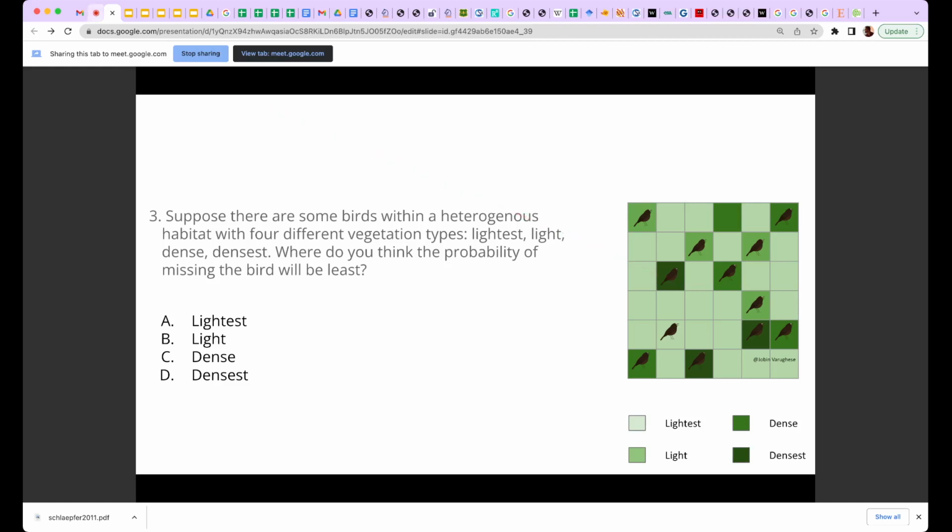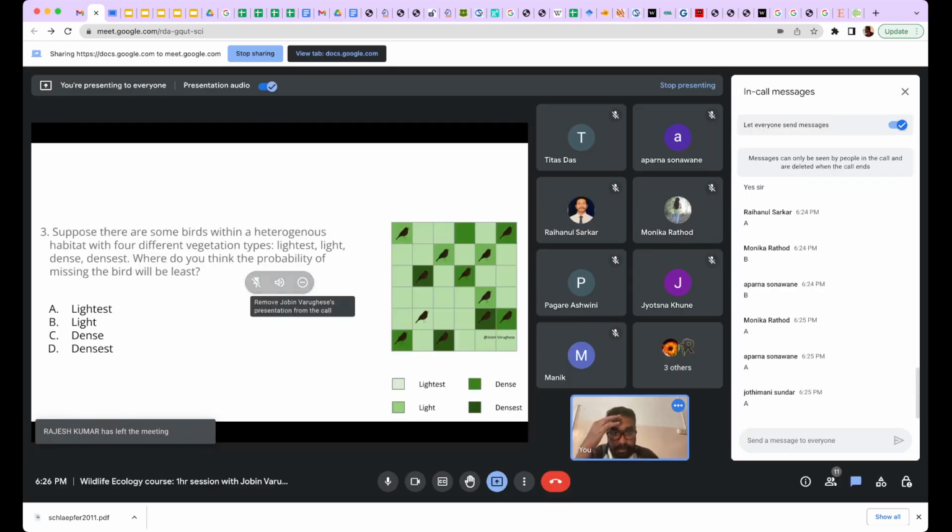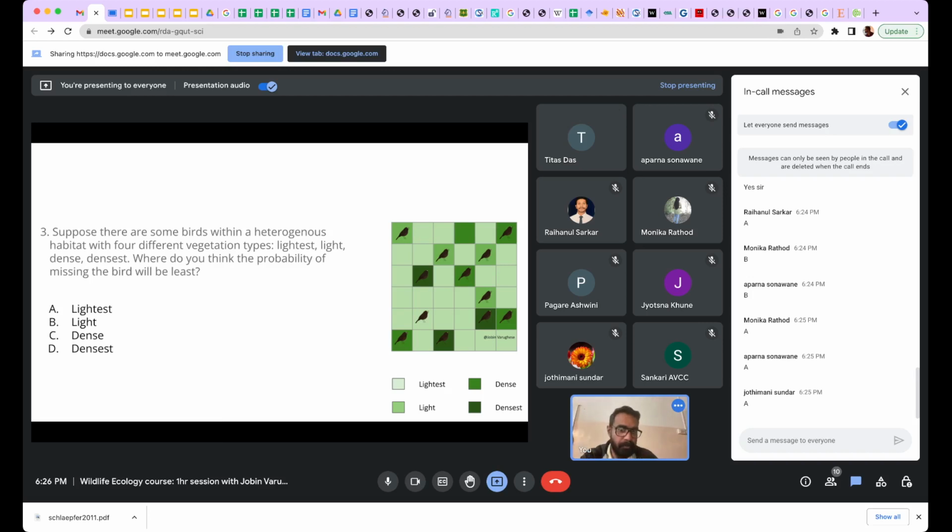Can you answer, others apart from Raihanul, Monica, Aparna, and Jyotimani? Where do you think you'll see the bird most? Which habitat or vegetation type would have the highest probability of you seeing the bird, or being able to detect the bird? Yes, Titus, you were saying something. Sir, C, dense.